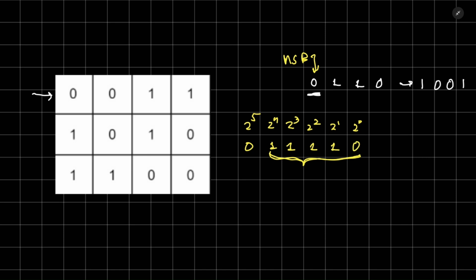If that's the case, then the sum will be 1 plus 2 plus 4 plus 8 and 16. So this will give you 16, this will be 12, this will be 3, 16 plus 12 is 28, and you're going to get 31.